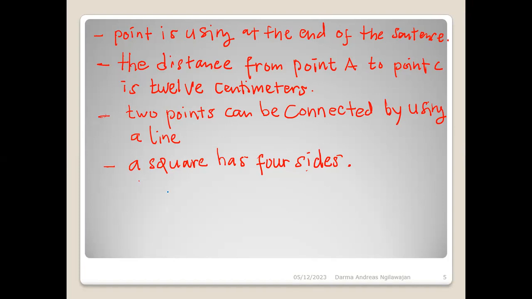A coordinate consists of, can we say, 2 points?